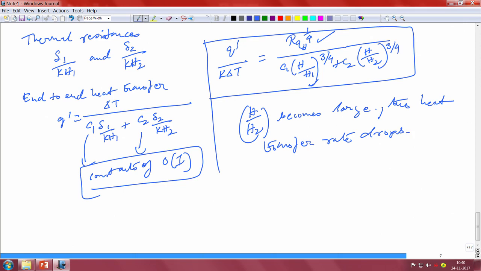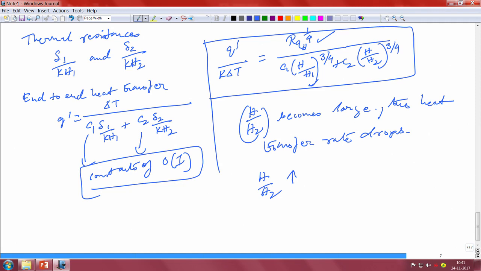As h by h2 becomes large, that means the denominator becomes large, so the overall heat transfer rate should drop down. h by h2 increasing means h2 becomes a smaller part of h, or in other words the gap at the top is decreasing.